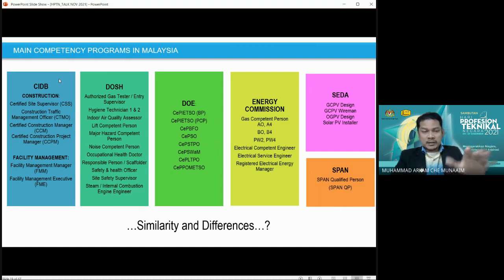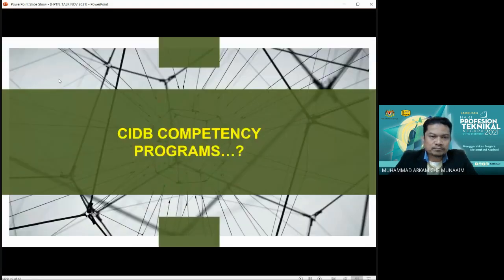They will also have the competent person through the acts. So when we mention competent, there must be an assessment. Either you go straight for assessment, or you go for preparation and then go for assessment, whether through formal or informal programs, it doesn't matter.